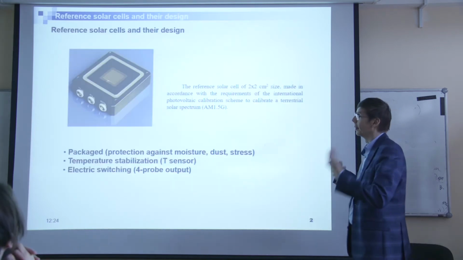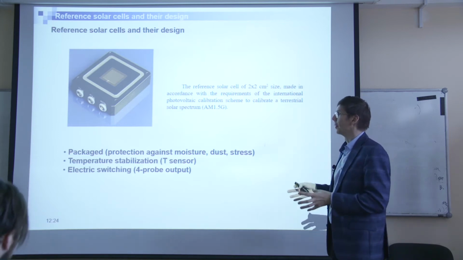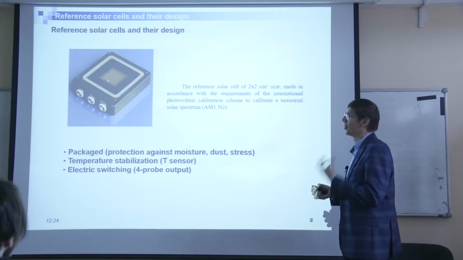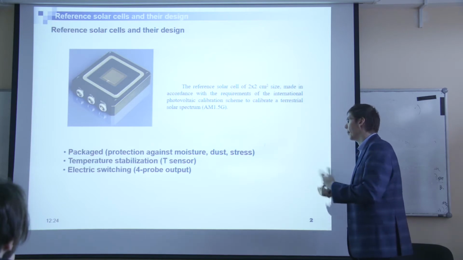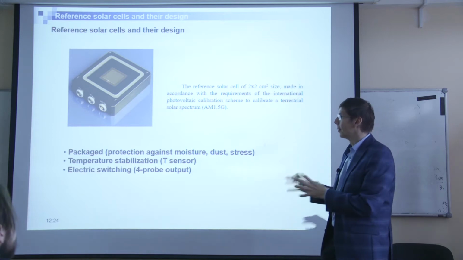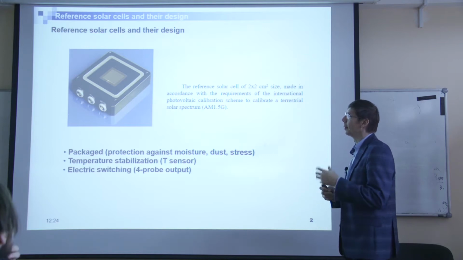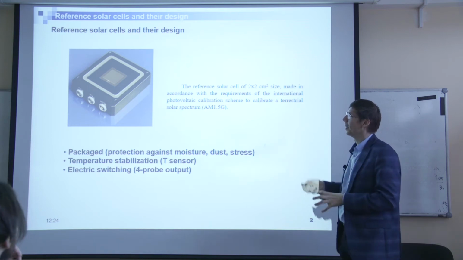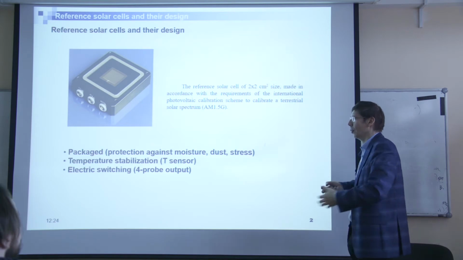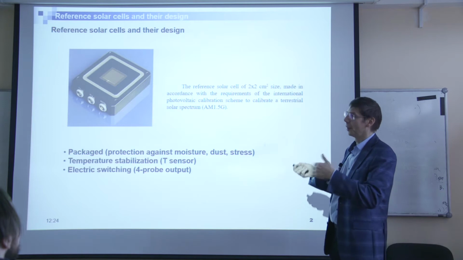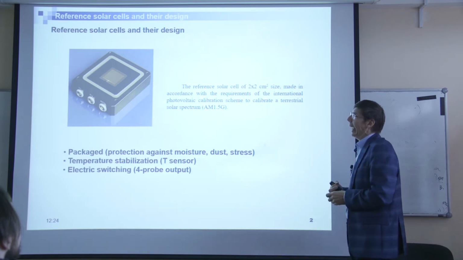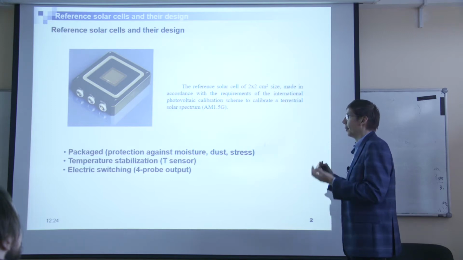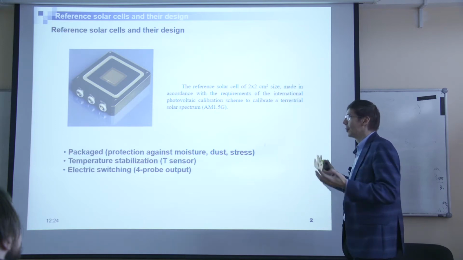But the main idea is that it should be packaged to protect against water, dust and mechanical stress, because it's quite an important thing from a metrological point of view: you know exactly the value of the photocurrent which corresponds to the reference condition, for example 1 kilowatt per square meter of AM1.5G. If there is some dust, something which can change this value, your measurement would not be correct.